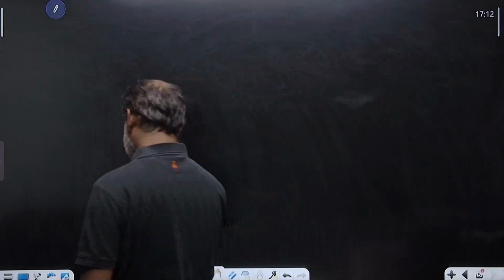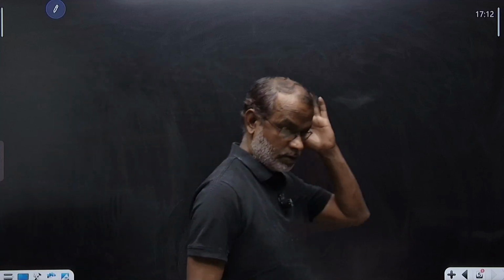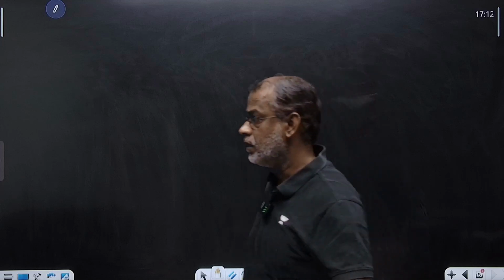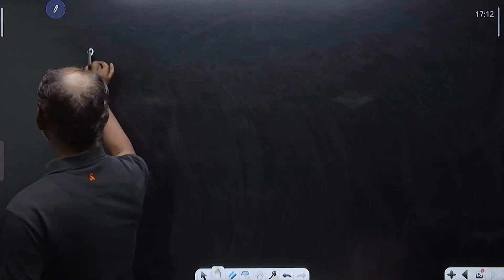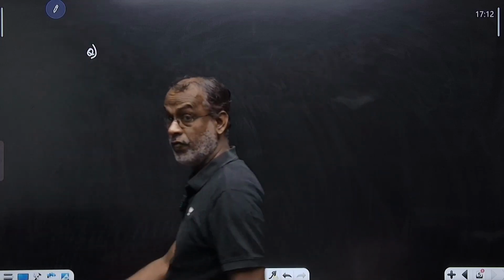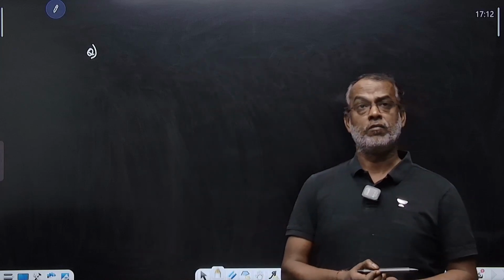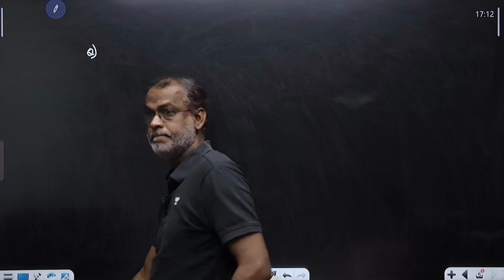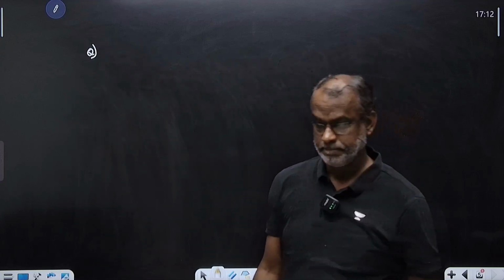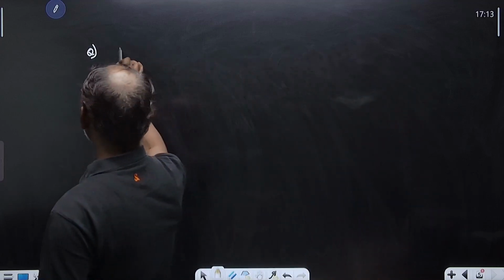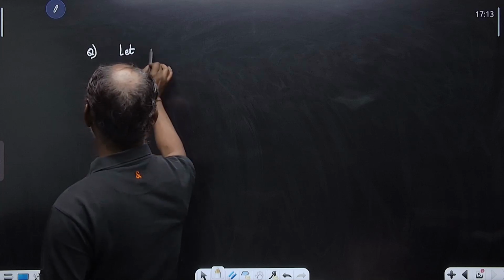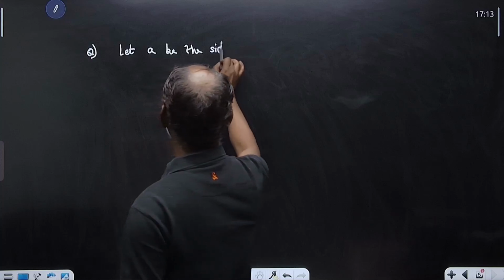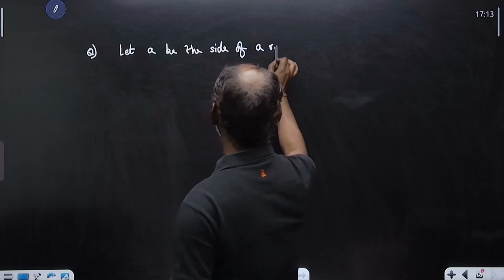Now moving ahead, let me give you a question like this. We have read Ptolemy's theorem, so let me use Ptolemy's theorem also. Let a be the side of a regular heptagon.